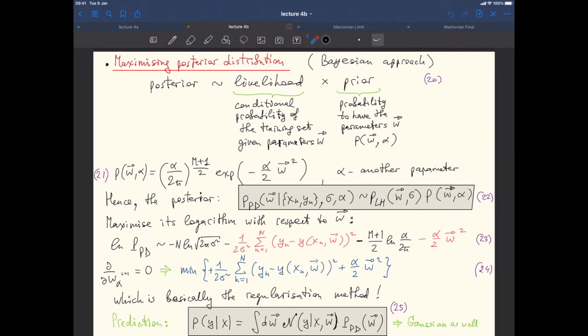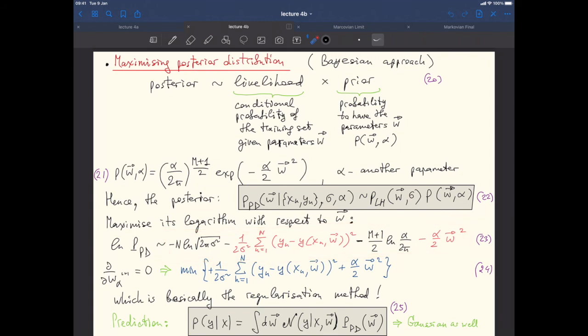And this product, probability times the conditional probability, is basically coming from the probability theory. So, in order to maximize this posterior distribution, which would give us the best choice of the parameters, which would fit best the training set, we again calculate the logarithm of it and then maximize what comes out of the logarithm.